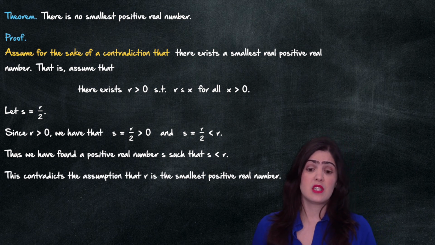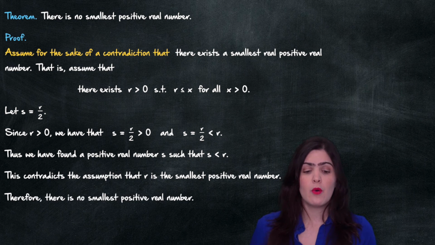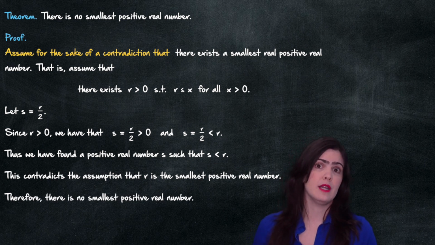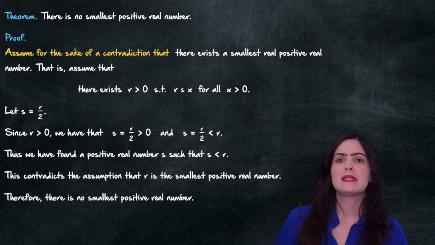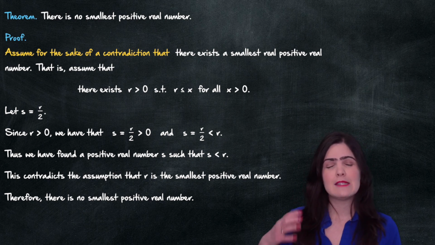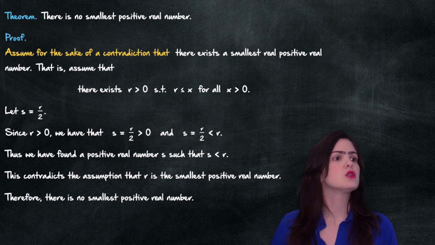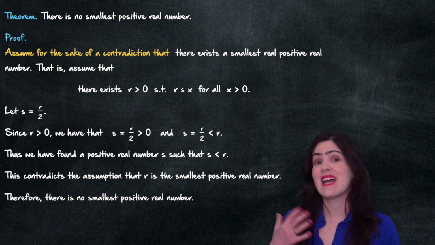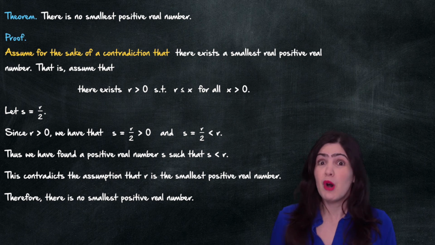But that contradicts the assumption that r is the smallest positive real number. Therefore, there is no smallest positive real number. And in this example, we can see one of the beauties of proof by contradiction. Proof by contradiction is very, very useful when we want to prove that something doesn't exist or that something is impossible.